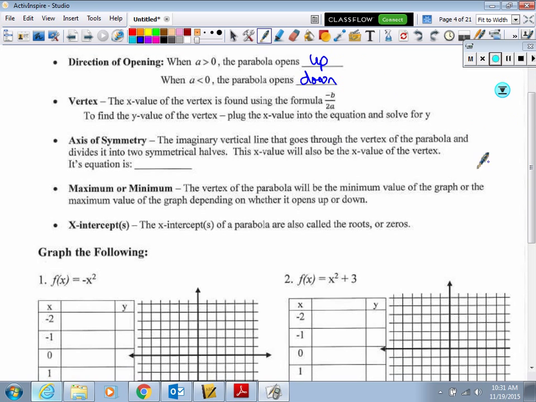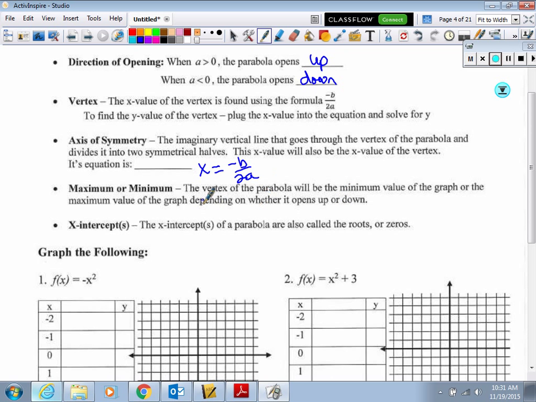Okay? Axis of symmetry. It's the imaginary vertical line that goes through the vertex of the parabola and cuts it into two symmetrical halves. This is also the x value of the vertex. Its equation is x equals negative b over 2a. Notice it's the same one.